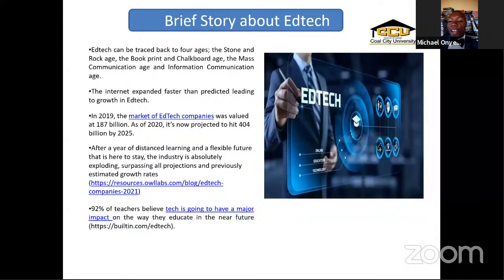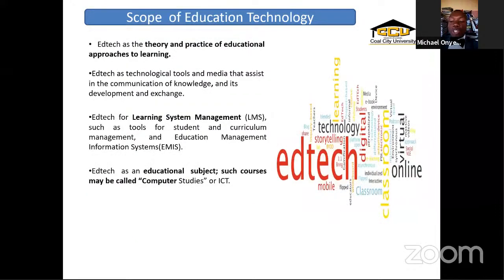Okay. Education technology basically can be seen in 3 different scopes. Number one, you can say education technology as a theory and practice of approaches to learning. Then number 2, you can look at education technology as a tool, as a media that assists people.